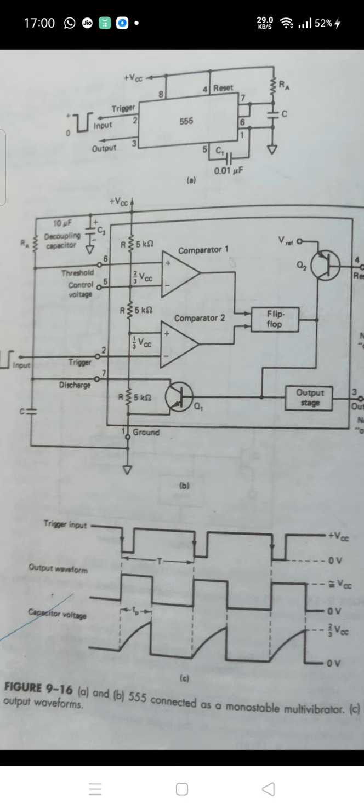So these are the two, A and B. Both diagrams are for the IC 555 as a monostable multivibrator, and the third diagram shows the input and output waveforms. So this is the working of the 555 as a monostable.